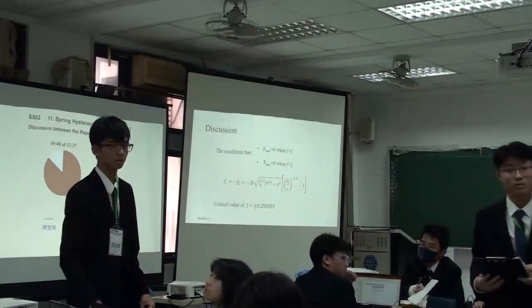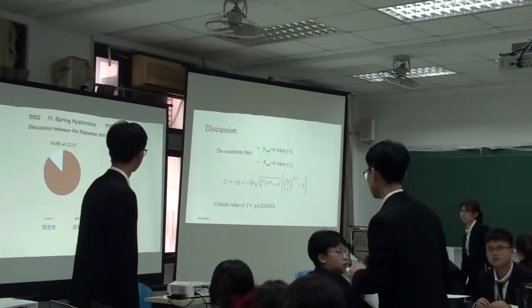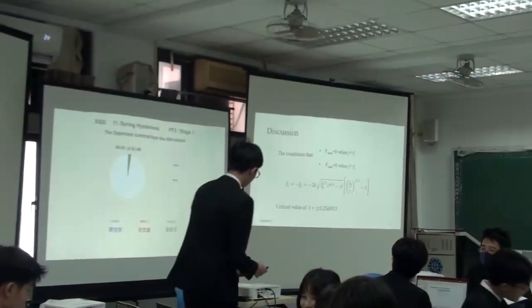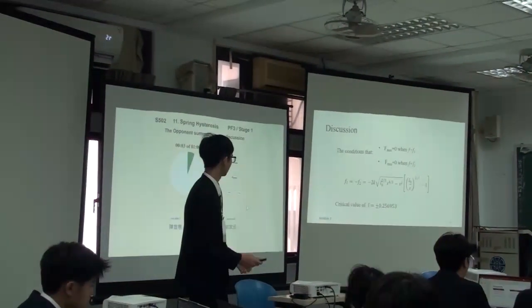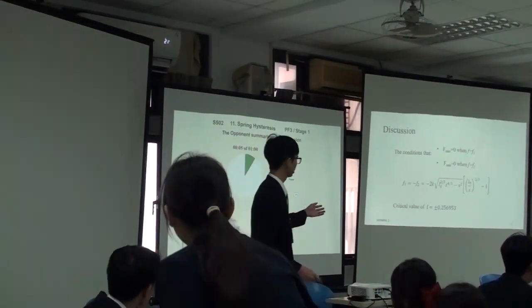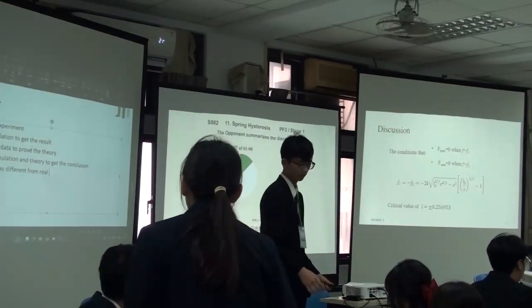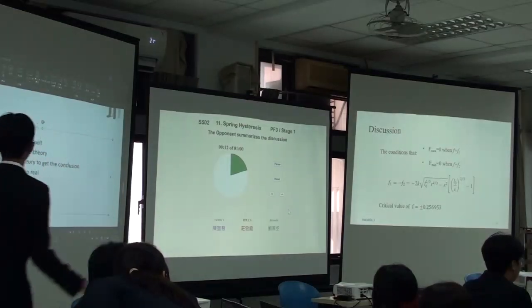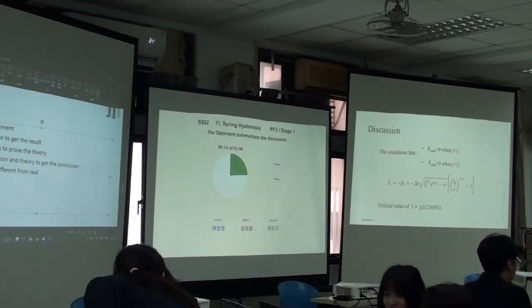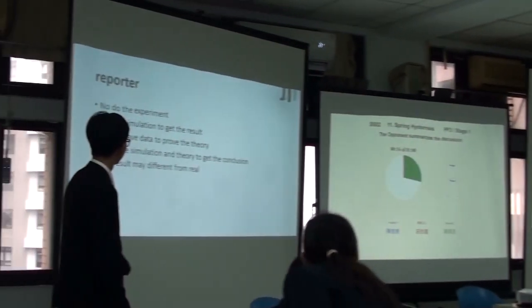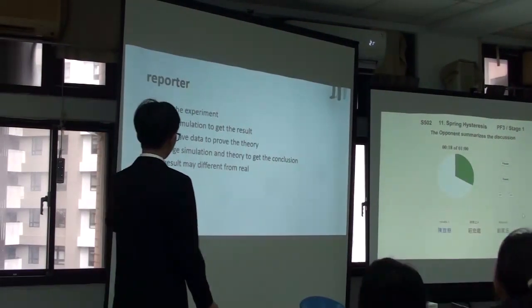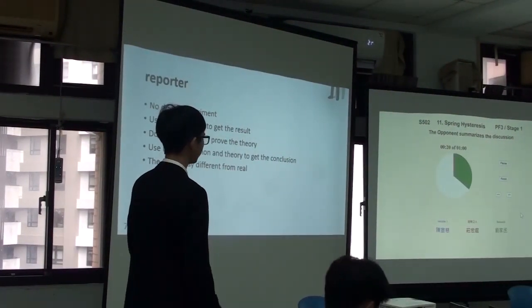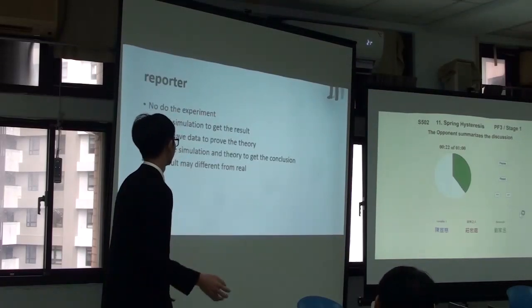So, report. I asked the reporters how they can put the simulation data into the real world. They say because the experiment is hard to do, they didn't do the experiment. But they don't have the data to prove that their theories and their formula are right.